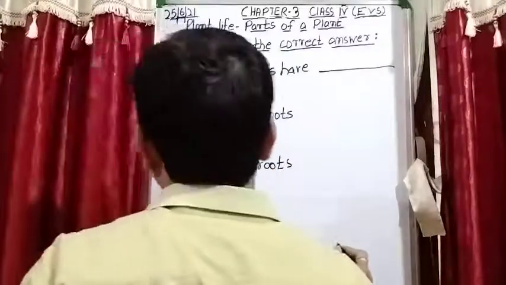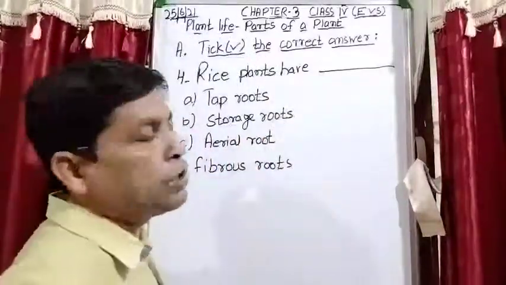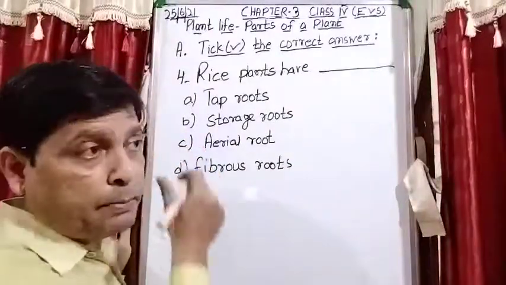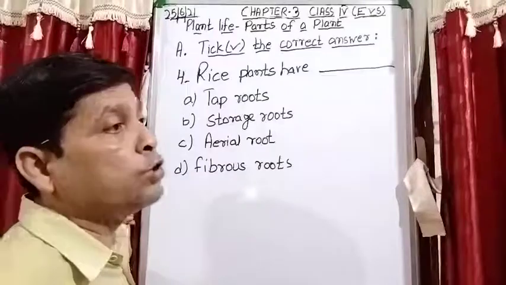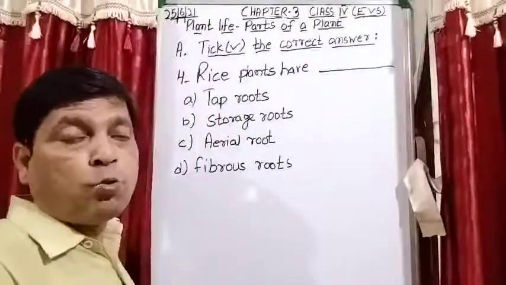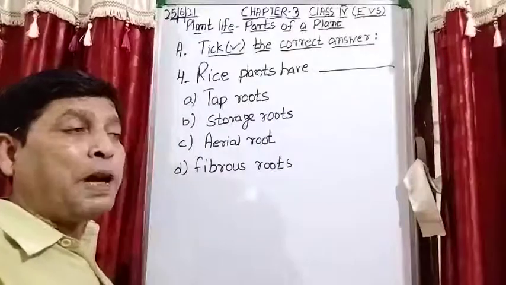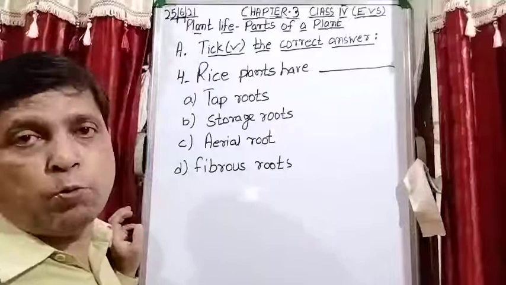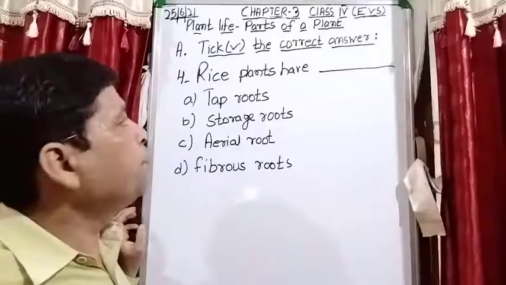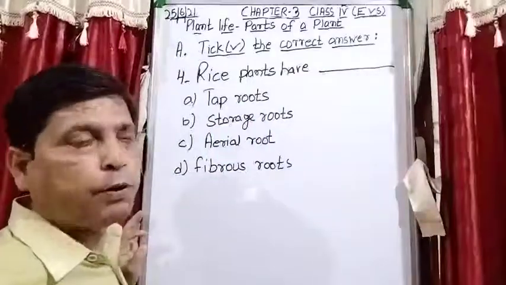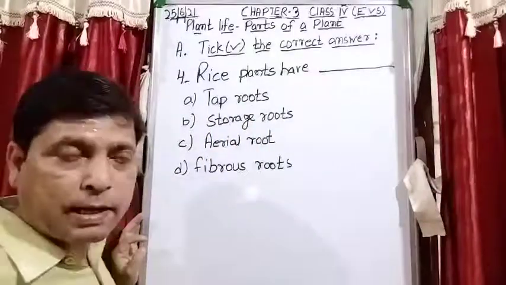So, see student, rice plant. Now in this question we have to tell, when I was explaining about the types of root, at that time I explained 4 types of roots, that is tap root, fibrous root, and some special roots which we say as tuberous roots and aerial roots. Now we have to tell plant rice has which type of root. So tap root is not a right answer.